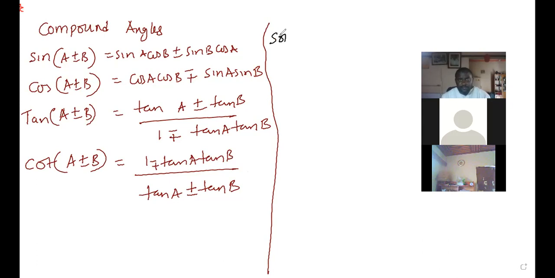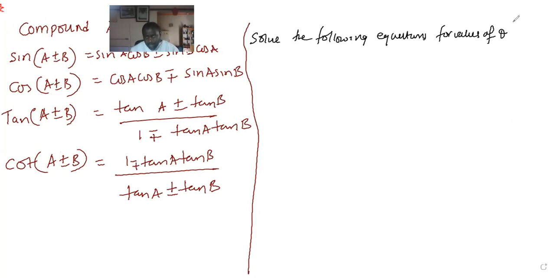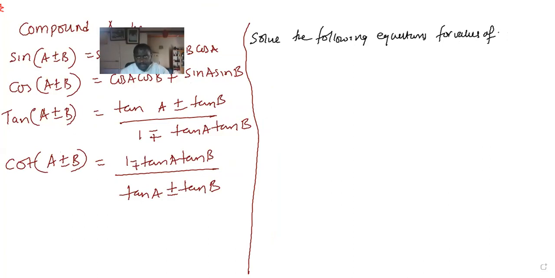Solve the following equations for values of x between 0 degrees and 360 degrees.